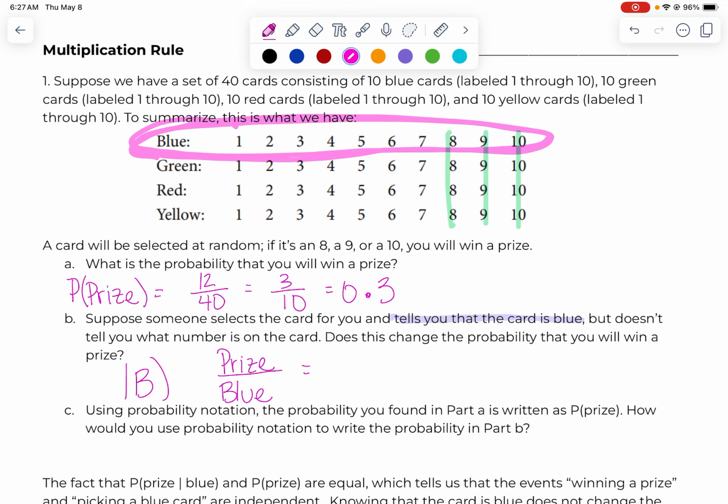How many prizes could I win if I chose blue? 3. And then how many blue cards are there? 10. So 3 out of 10, which is 0.3 as a decimal. So does this change the probability that we will win a prize? No, because it's the same as above.